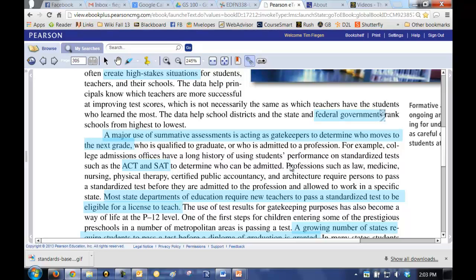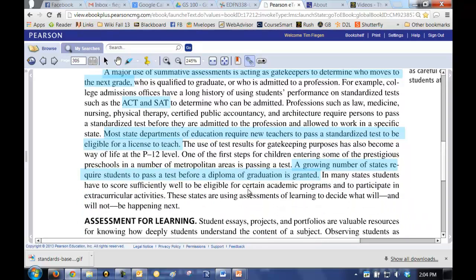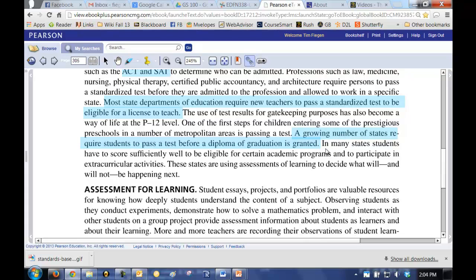All that is summative. For example, college admission offices have a long history of using performance and standardized tests like the ACT and SAT to determine who's admitted. And then in most states, you have to take a summative test too, like the Praxis test. And a growing number of states require students to pass tests before a diploma is granted. Yikes. Well, let's make that our first discussion question.